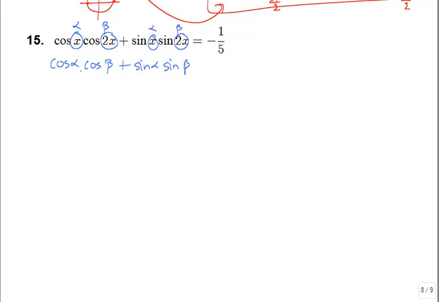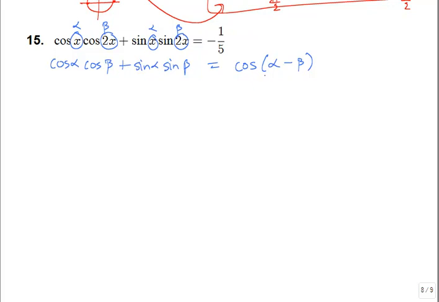Now if you happen to notice that pattern, then you should know, because you're supposed to have this memorized, that this left side is the expansion of our difference formula for cosine. In other words, this is the formula we get when we do cosine of the first angle alpha minus the second angle beta. You need to have opposite signs, so if this is minus, this is plus.